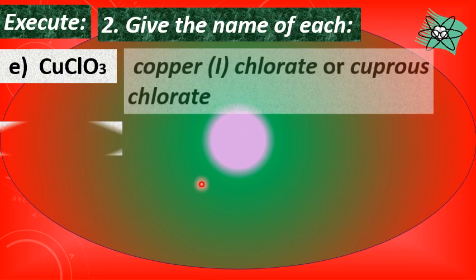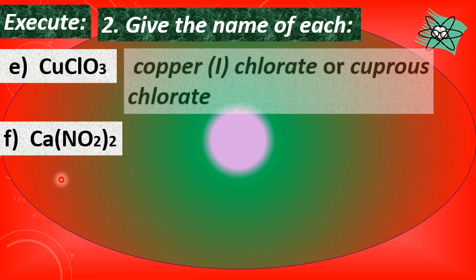And lastly, for the compound in letter F, which is written as Ca for calcium, open parenthesis NO2, that is the polyatomic ion nitrite, then close parenthesis subscript 2. It's obvious that the subscript for nitrite here, which is 2, is in fact the positive ionic charge of calcium, that is positive 2. And the subscript for calcium is understood to be 1.